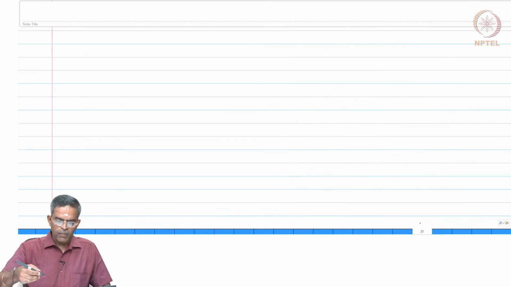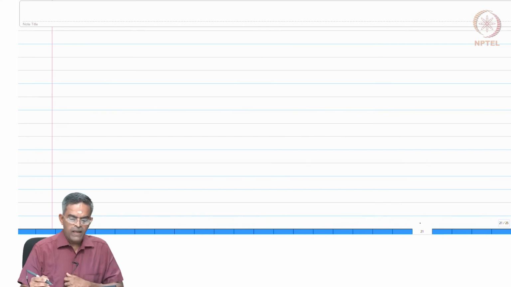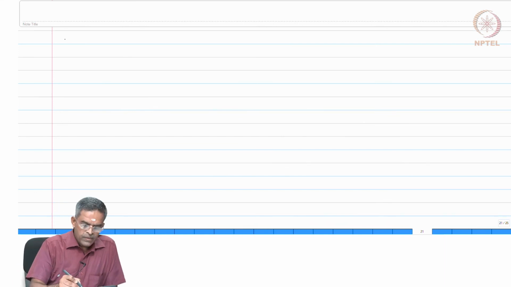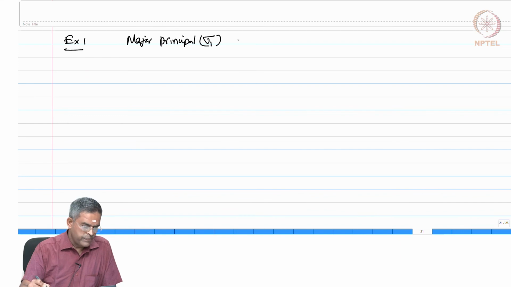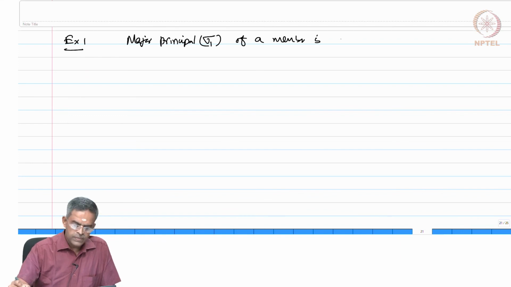Let us quickly do a problem and understand this more in detail. The major principal stress, let us say sigma 1 of a member, is 200 Newton per mm square tensile.